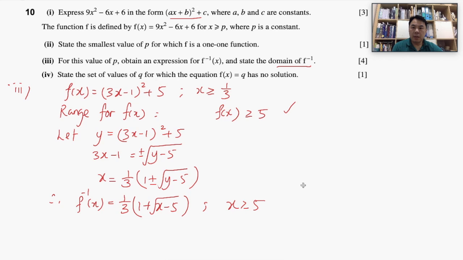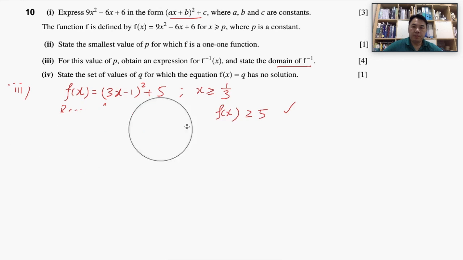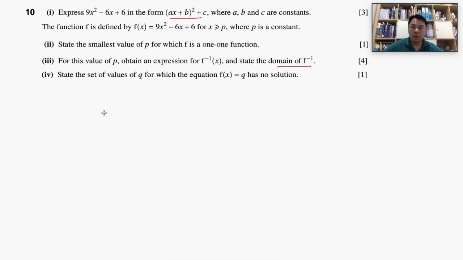Lastly, state the set of values of q for which the equation has no solution. No solutions means no real roots. Okay, so just let me clean that up. Okay, so that is the last one. f(x) equal to q, and maybe it is best at this point that we use back its original function.